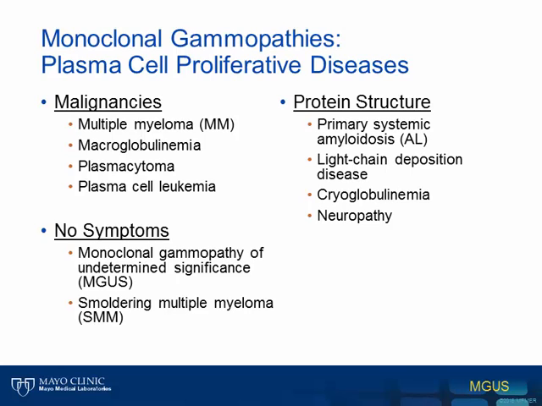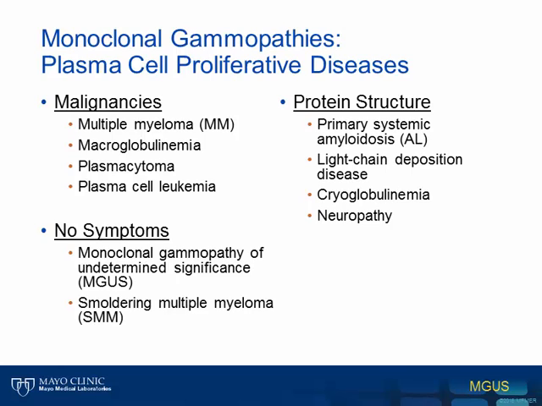This slide groups plasma cell proliferative diseases into three categories. The malignant diseases such as multiple myeloma, Waldenström macroglobulinemia, plasmacytoma, and plasma cell leukemia all have large tumor bulk and require intervention to reduce and eradicate the large numbers of malignant cells.